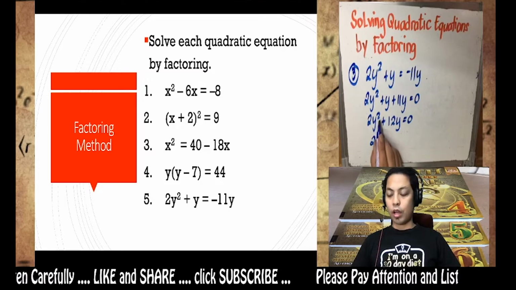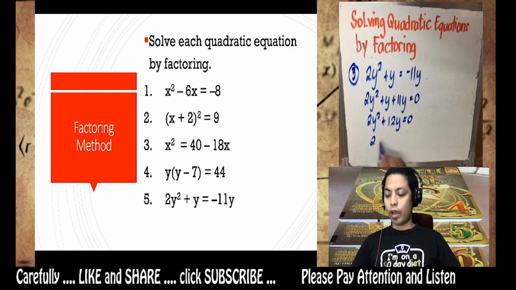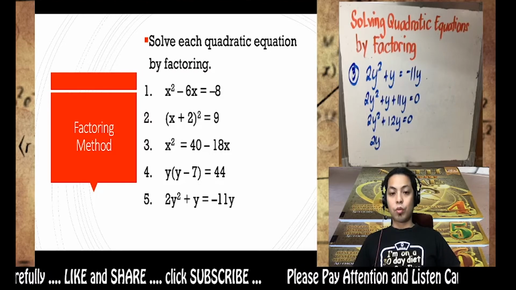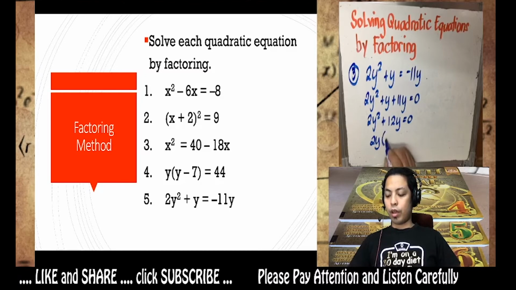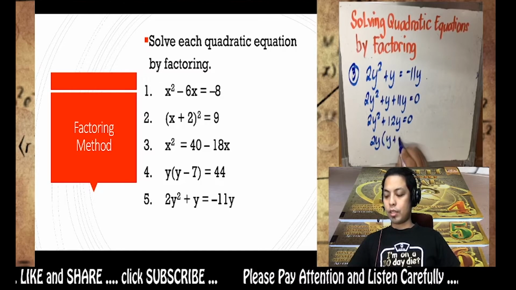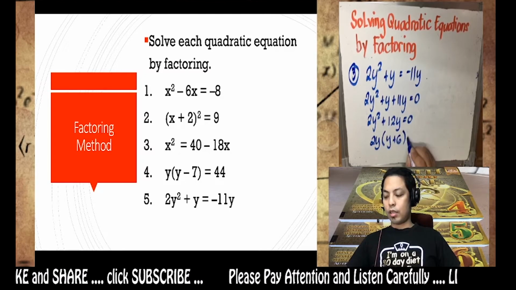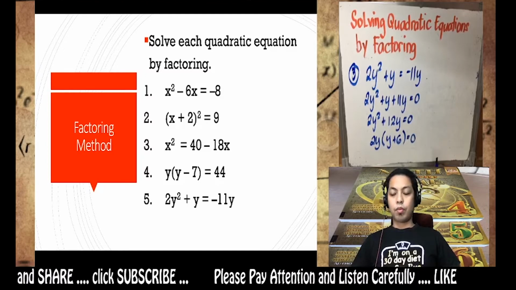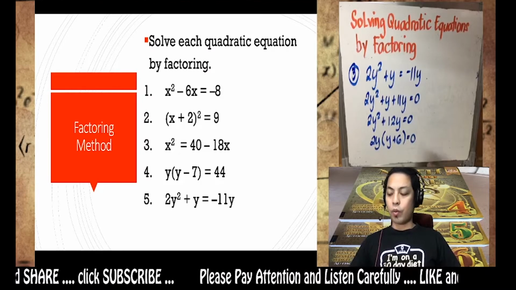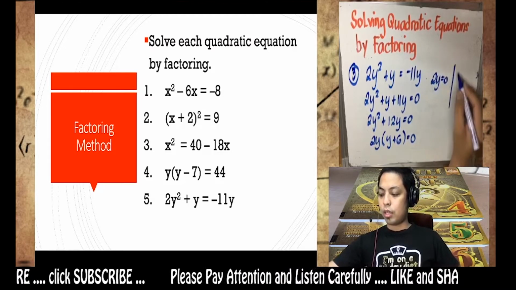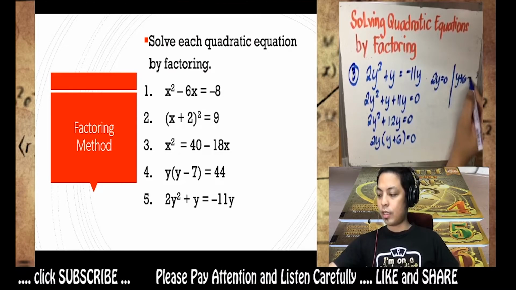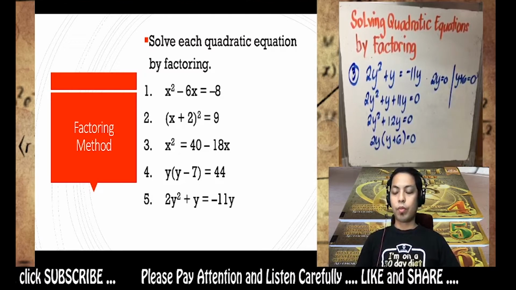Common factor ng y squared at y is y. So, 2y. Okay? So, meron tayong y plus 6 is equal to 0. So, magkakaroon tayo ng dalawang equation dito, which is 2y is equal to 0 at isang y plus 6 is equal to 0. Okay?